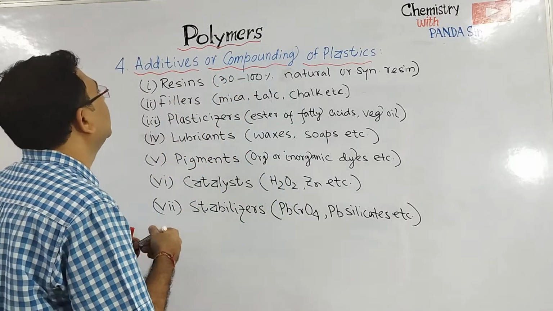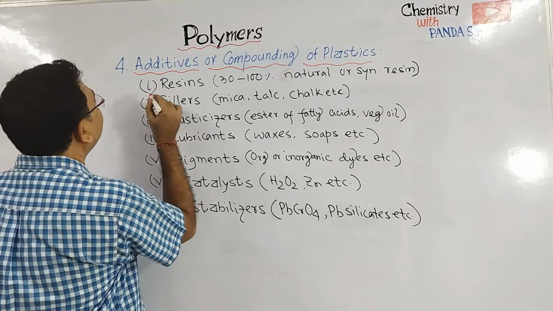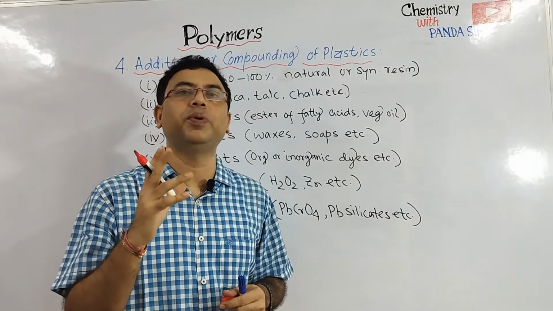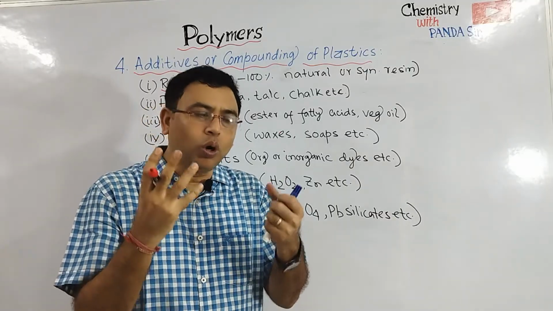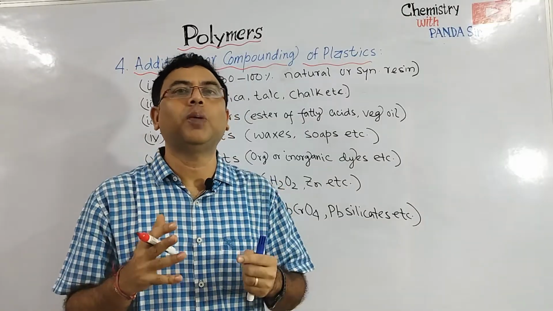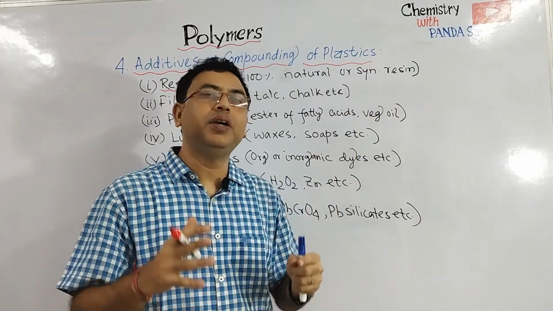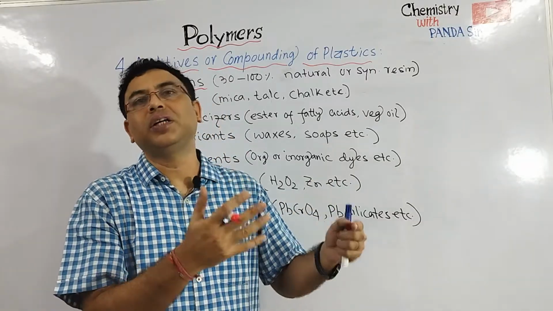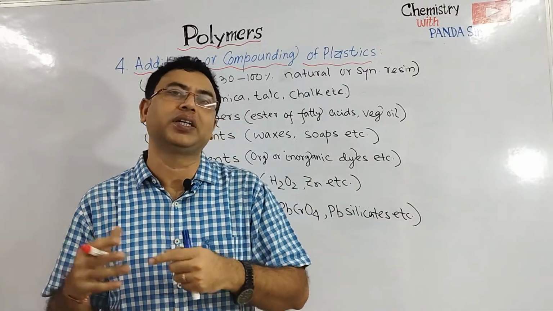So the first one is the resin. Resin is the main component of the plastic. It holds all other ingredients, and the majority of the properties of the plastic depend on the resin. What kind of resin you are using? If your resin is water resistant, then the plastic will be water resistant.